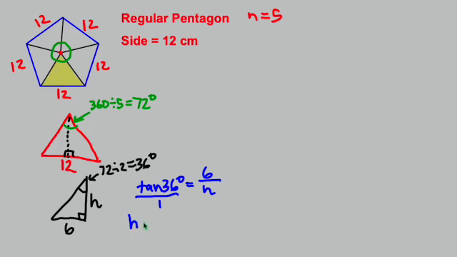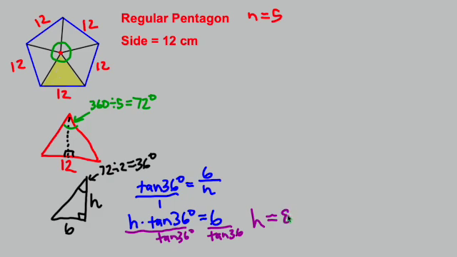So now I get h times tan 36 degrees equals 1 times 6. Well, 1 times 6 is just 6. And then I can divide both sides by tan 36 degrees. And if I do that, I will now be able to figure out how much the height is. So the height should be whatever 6 divided by tan 36 is. So go ahead and grab your calculator, and I already did that, and I know it's 8.26.